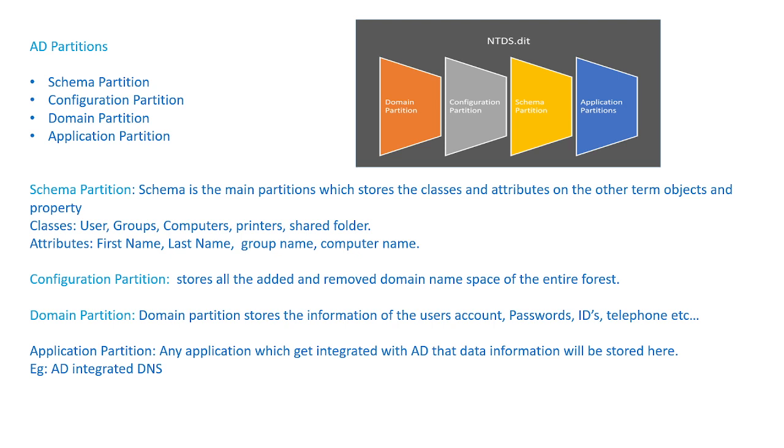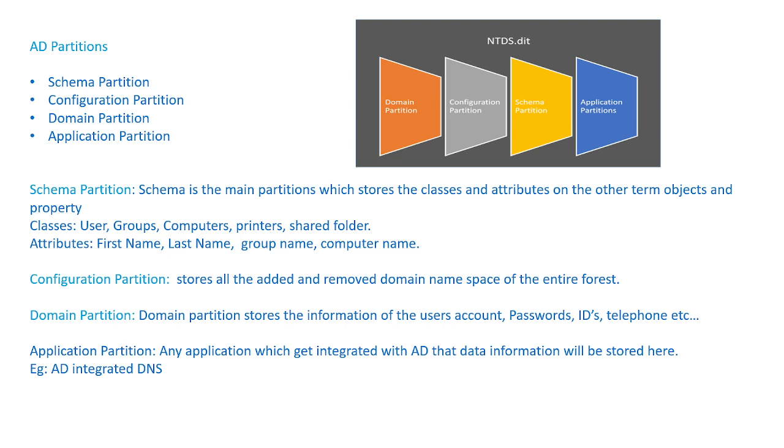The last one is the application partition. The application partition is not created by default. So the Active Directory ntds.dit will have only 3 partitions by default: schema, configuration, and domain. When you integrate any application with Active Directory, then Active Directory creates a separate partition to store the information about that application.